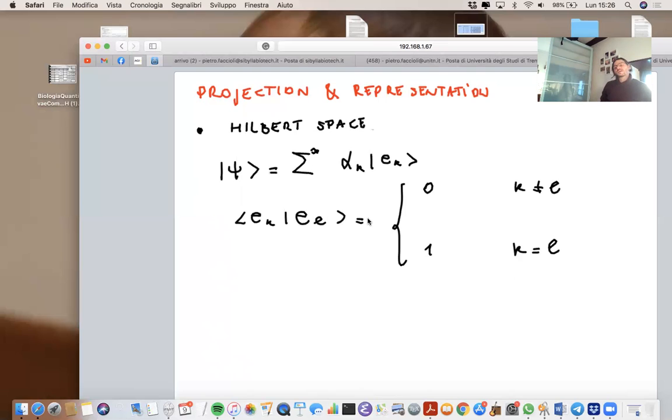Now, this is in the case where we have a discrete, countably infinite set of elements. But in principle, we can use vector space, Hilbert space bases, which are represented by still infinite but continuous elements. For instance, the position eigenstates.